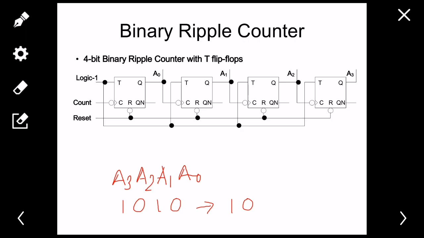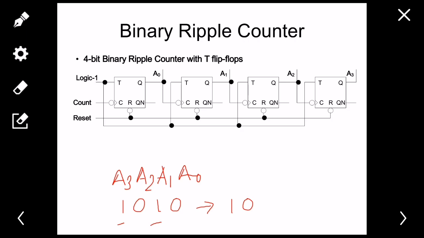When I'm getting 1 at A3 and A1, this is a unique case. In 1010, or decimal 10, A3 and A1 have the logic value of 1 for the first time. Both are 1 actually. So I'm going to use that.